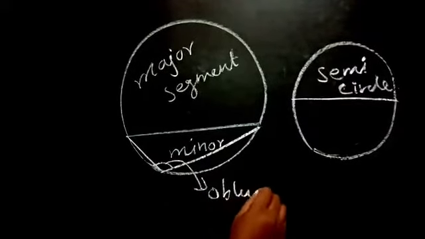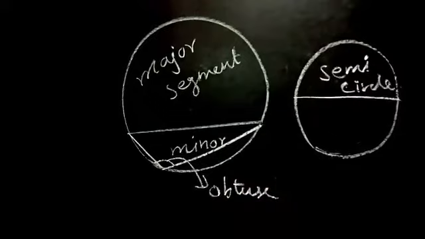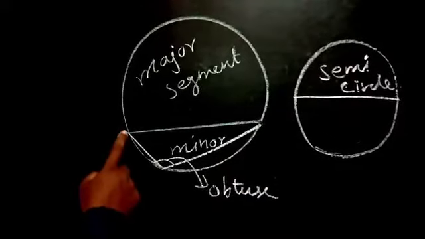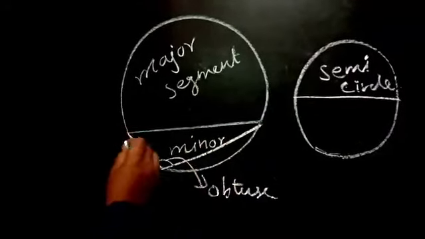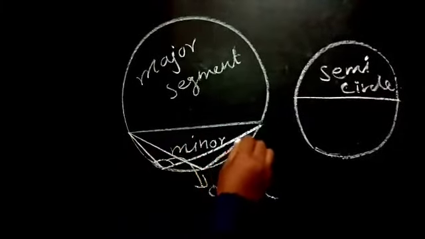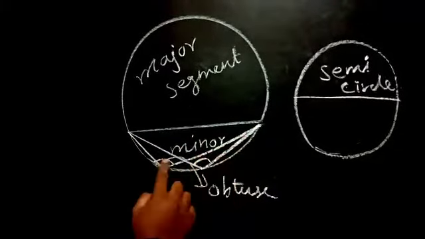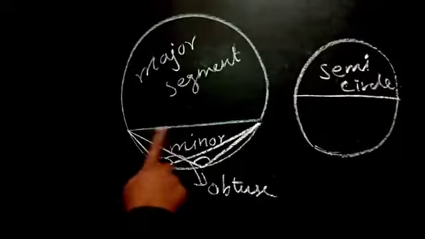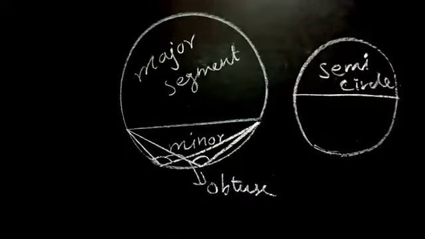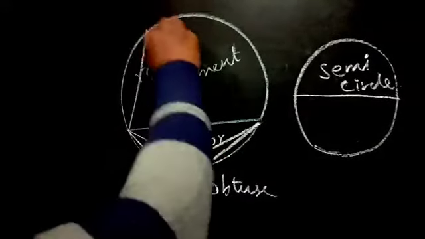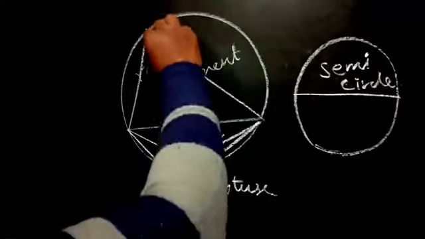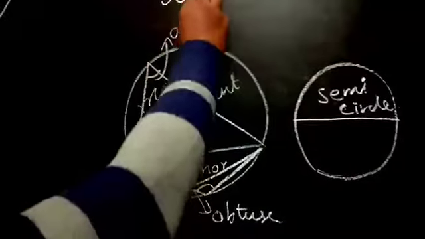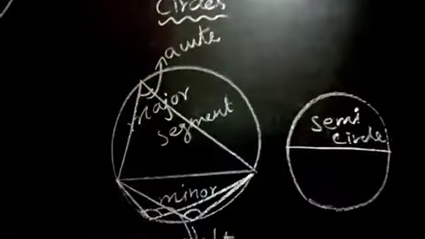Obtuse means more than 90 degrees. And keeping the same chord, if we draw the angles, all the angles will be equal in the same segment. The major segment always gets an acute angle. Acute angle means less than 90 degrees.